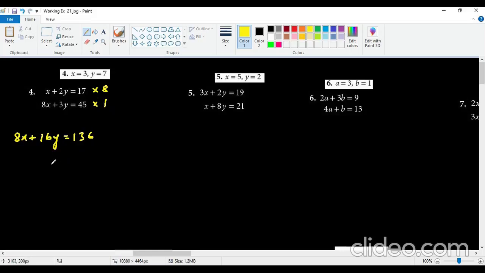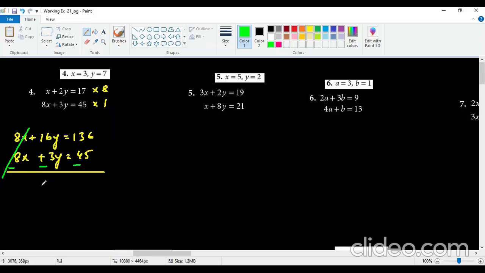And the second equation becomes 8x plus 3y equals 45, since I'm multiplying by 1. So this will not change. Now in here we are going to subtract, and plus 8x becomes minus 8x, plus 3y becomes minus 3y, and 45 becomes negative 45. These two are going to be cancelled. We will eliminate the value of x. 16 minus 3 is going to give us 13y.